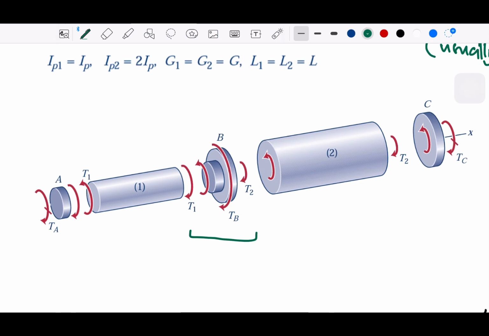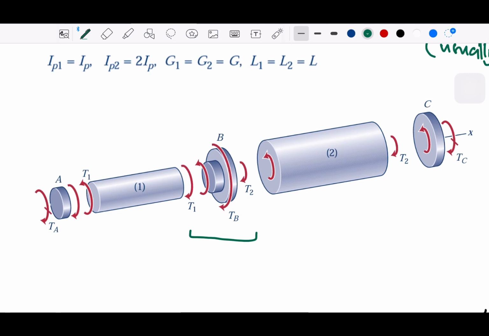So we name it B. We can see the torque from material 1 and the torque from material 2 is affecting this part here, right? So we can relate that TB will have a relation with T1 and T2.